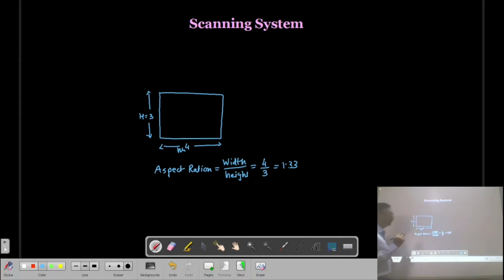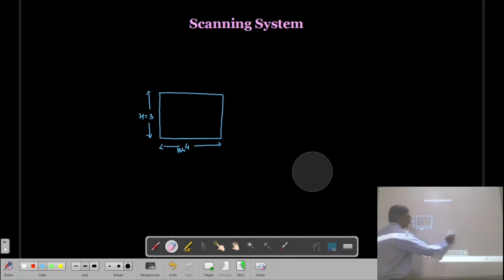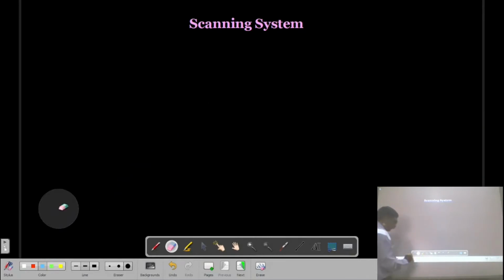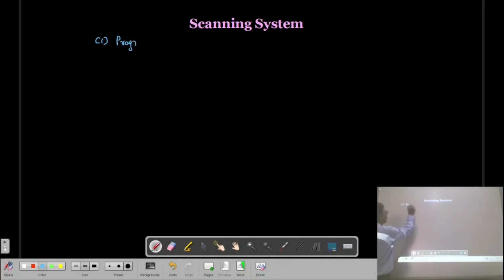Now let us see the scanning. We have two types of scanning. The first one is progressive scanning, and the other one is known as interlace scanning.